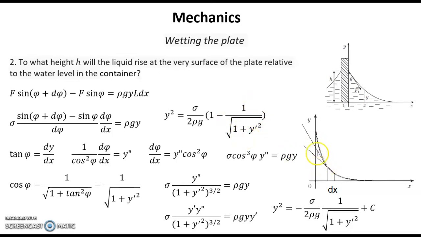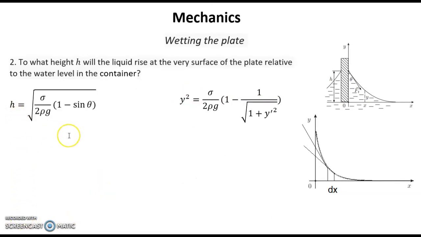But phi plus theta is pi over 2, so instead of cosine phi, we can write sine theta. And we have this expression. So we have rho g h square equals sigma multiplied by 1 minus sine theta. Or we can move rho g to the right and take a square root, which will give us the answer. So that will be our answer for the second question.